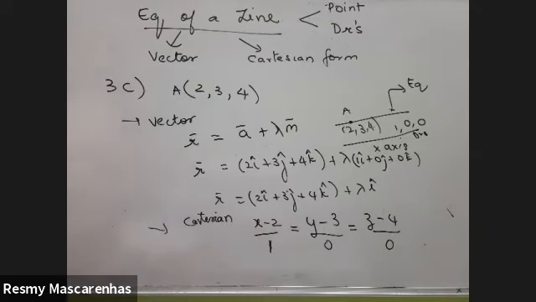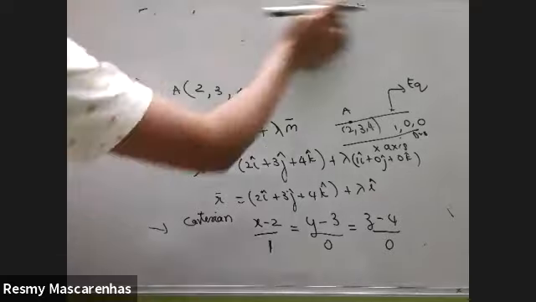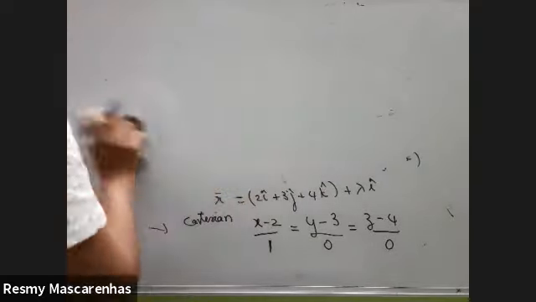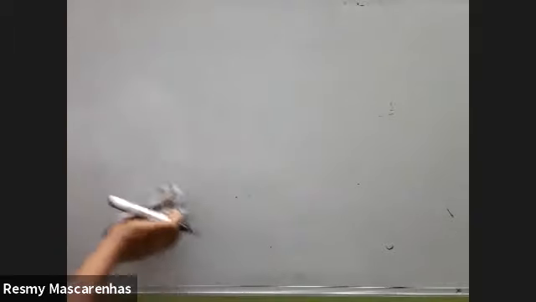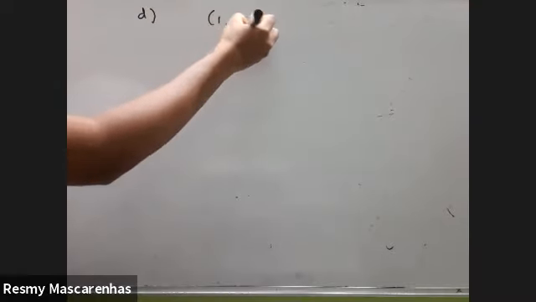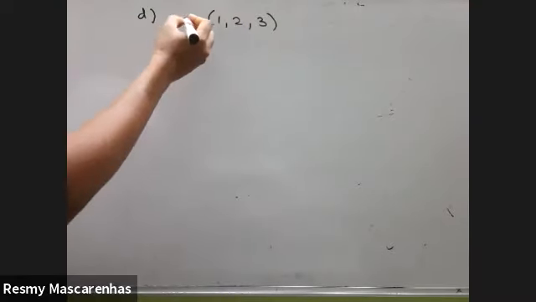Then the next question, D1. This is also similar to this, so we can do it. In D1, the point is given to you as 1, 2, 3.